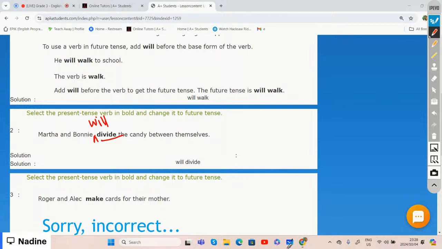So we can say, I'm not going to write the whole sentence, I'm just going to put they will make cards for their mother. Will make, right? Will is basically just the word that we add in front of the verb to show the future tense.